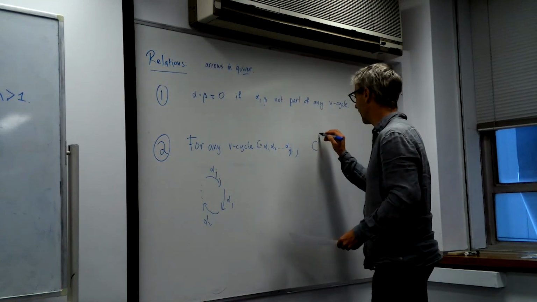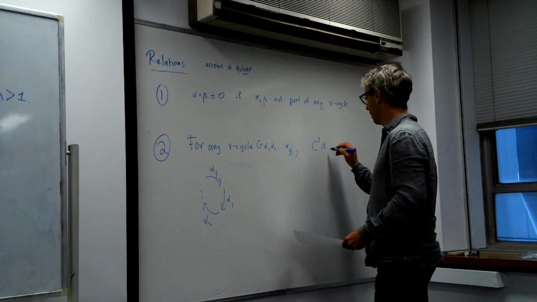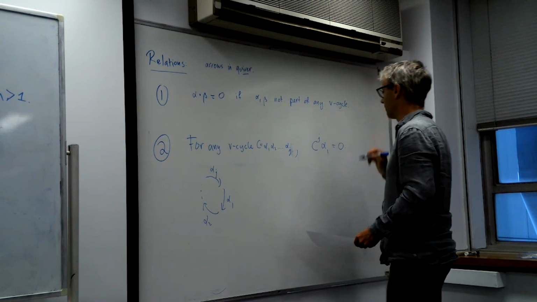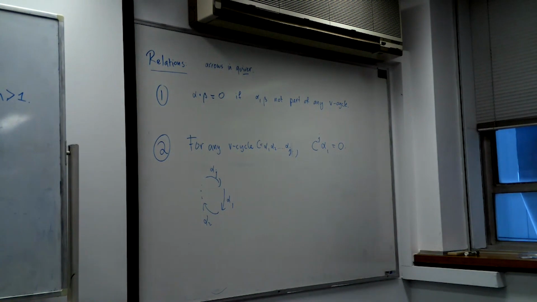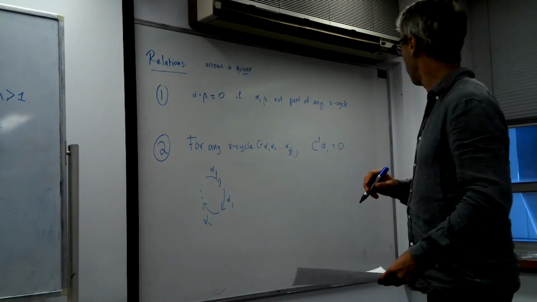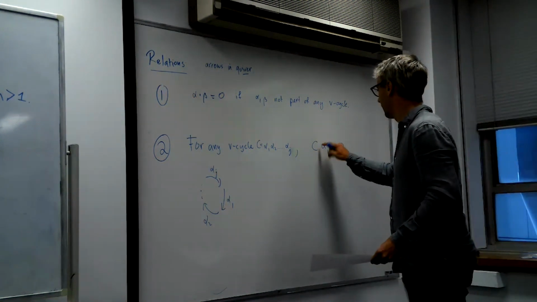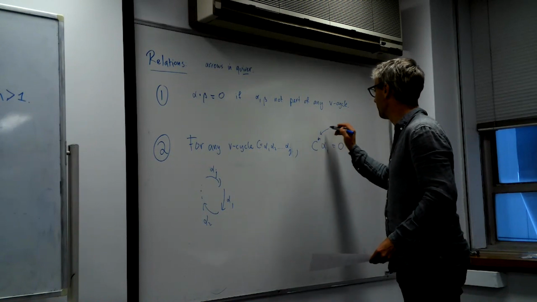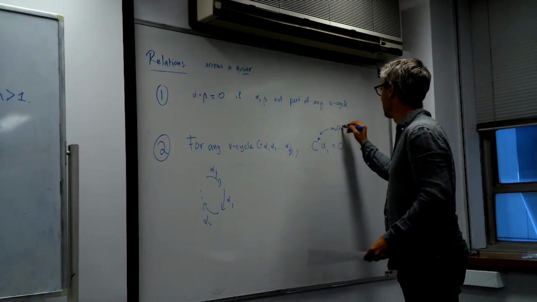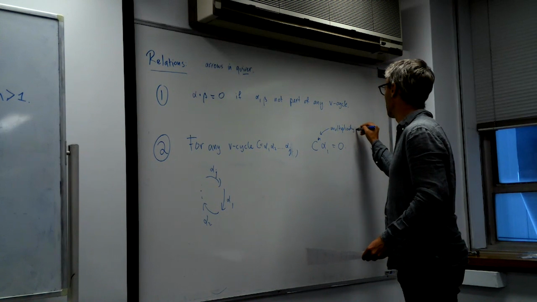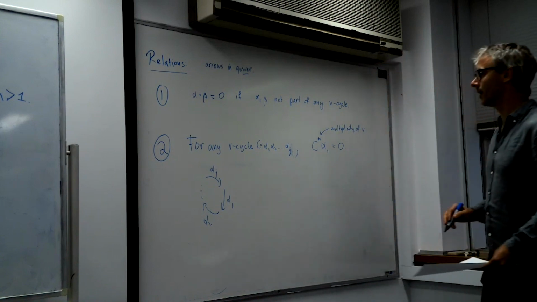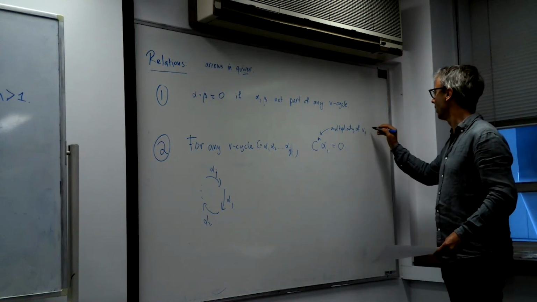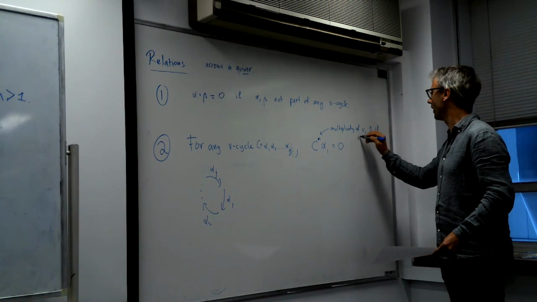C to the J, the alpha 1 is 0. So what that says, sorry, C to the M, where this is the multiplicity of V, and it's 1 if V is not an exception.